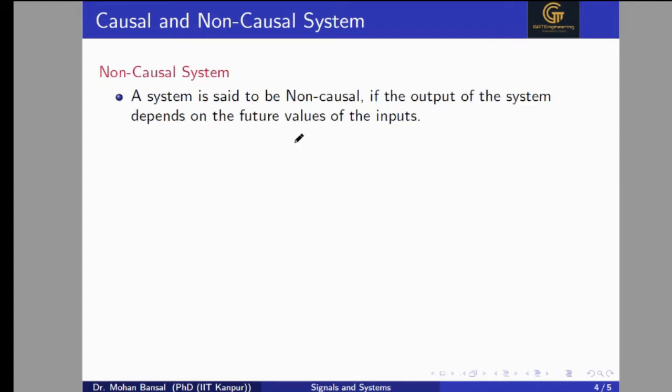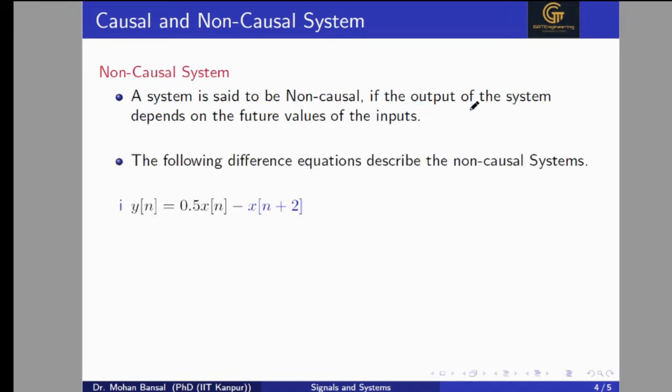Now the definition we know: a system is said to be non-causal if the output depends on the future value as well. So this is one example, y[n] = 0.5 x[n] - x[n+2]. Here you can see that x[n+2] is the future value.